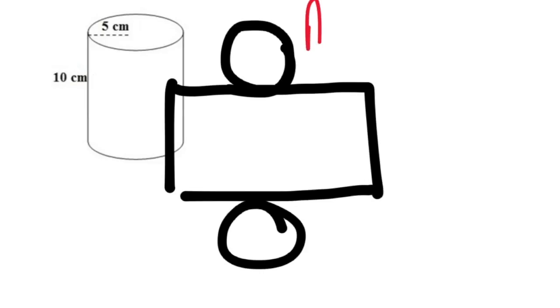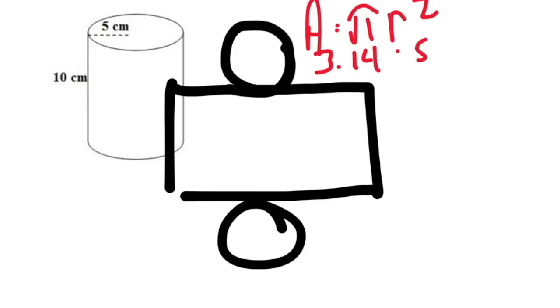Area of a circle is pi r squared. And so the area of this circle is 3.14, that's about pi, times the radius squared, which would be 5 squared. When you multiply pi times 5 squared, or pi times 25, you get about 78.5 centimeters squared.